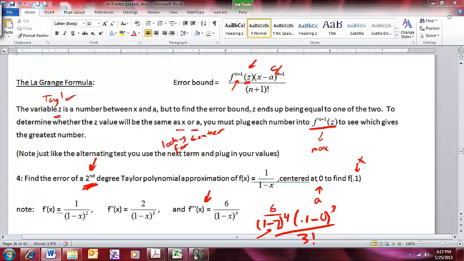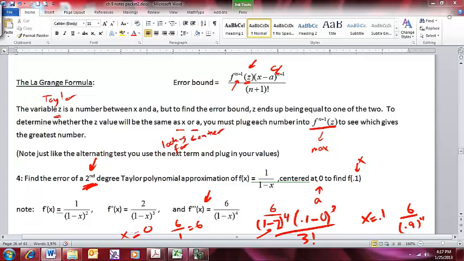Now I can plug in 0 or 0.1. If I plug in x equals 0, I get 6 over 1, which gives me 6. If I use x equal to 0.1, I get 6 over 1 minus 0.1, or 0.9 to the fourth.